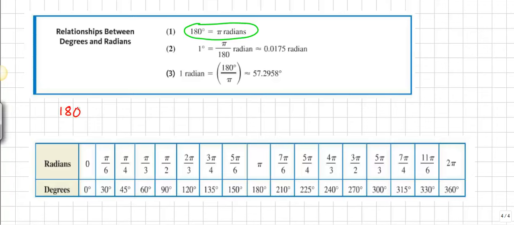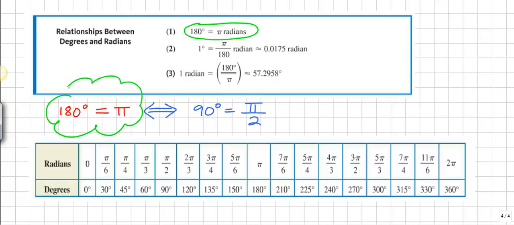If 180 degrees equals pi, then if I divide both sides by 2, 90 degrees would have to be half of the number pi. And you can see a little chart made for you below with a lot of these conversions, but make them make sense to you and go back to your one key statement here to help you out with all these conversions.